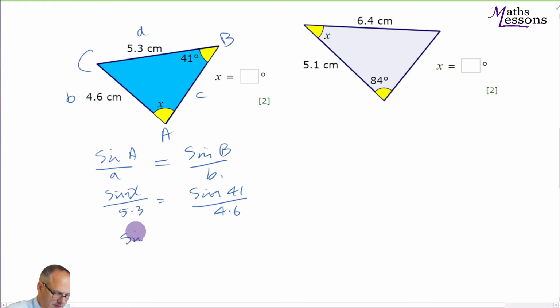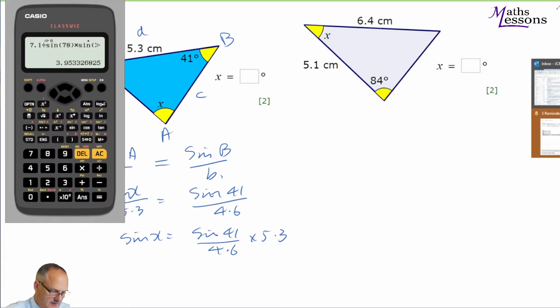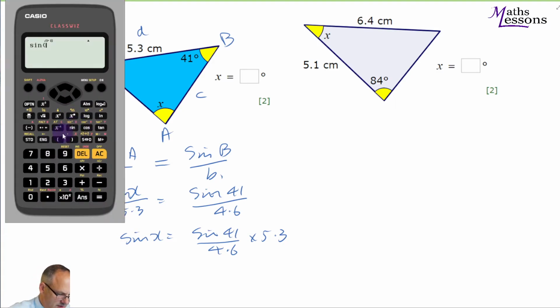So we can see the sine of x will equal sine of 41 over 4.6 times 5.3. Put that into our calculator. So we're going to do sine 41 divided by 4.6 times by 5.3 equals, and that gives us our sine of x.